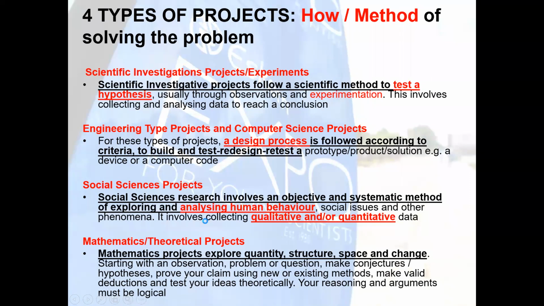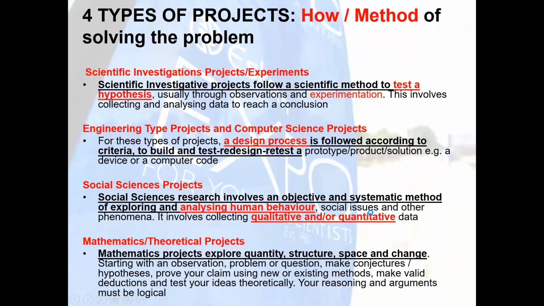Our data collection doesn't involve experiments like in the scientific application, but we're focusing on collecting our data about human behavior from humans. And we'll talk as we go along about qualitative or quantitative data, right? Qualitative referring to smaller sample groups, and quantitative referring to larger sample groups, right? So these are 2 aspects that are specific to social sciences.